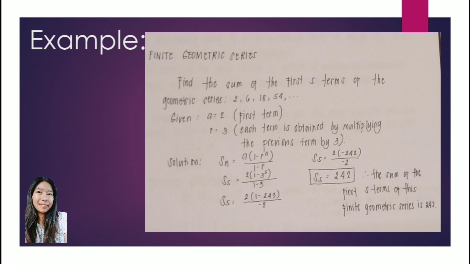So S sub 5 is equal to 2 times the quantity of 1 minus 3 raised to 5, all over 1 minus 3. Compute 3 raised to 5, so we get 243. So 2 times the quantity of 1 minus 243 all over negative 2 is equal to 242. So the sum of the first 5 terms of this finite geometric series is 242.